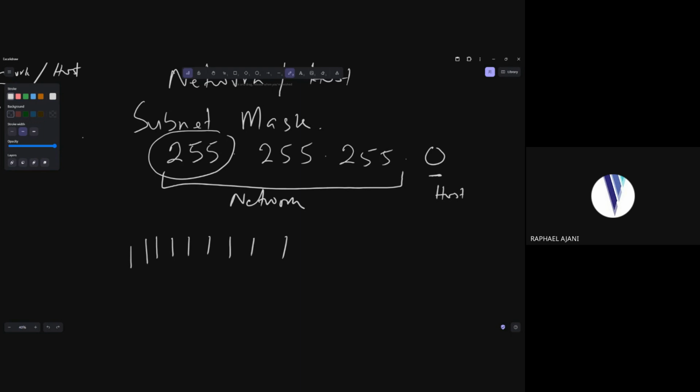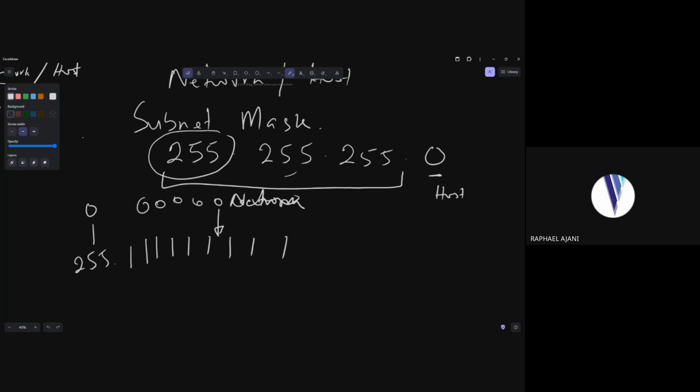What that indicates is that the number here ranges from 00000000 up to 11111111, I mean 0 to 255. So anytime you see 255.255.255, it tells you the network portion of an IP address. It helps to define the network portion of an IP address.